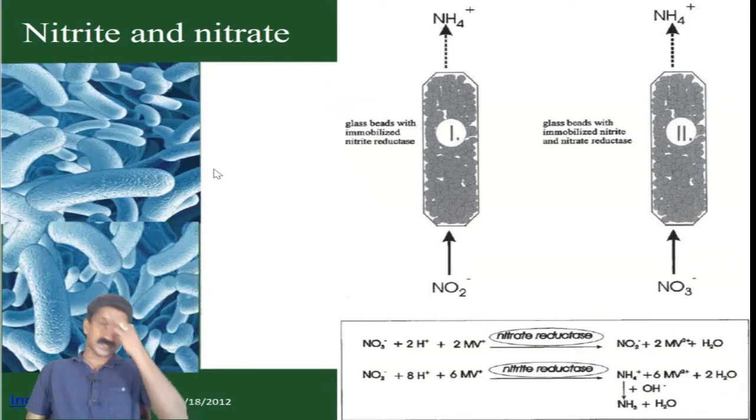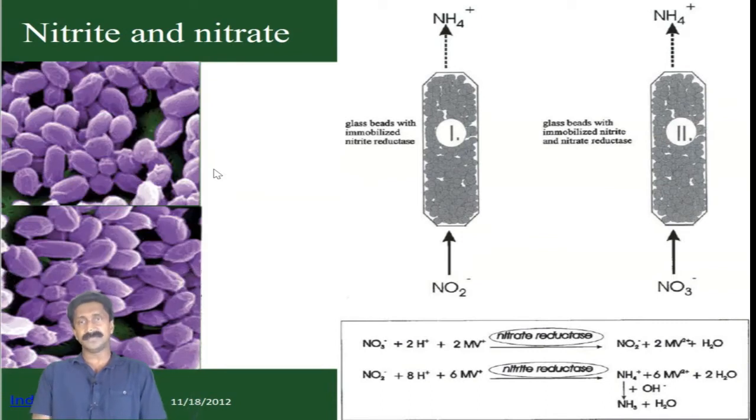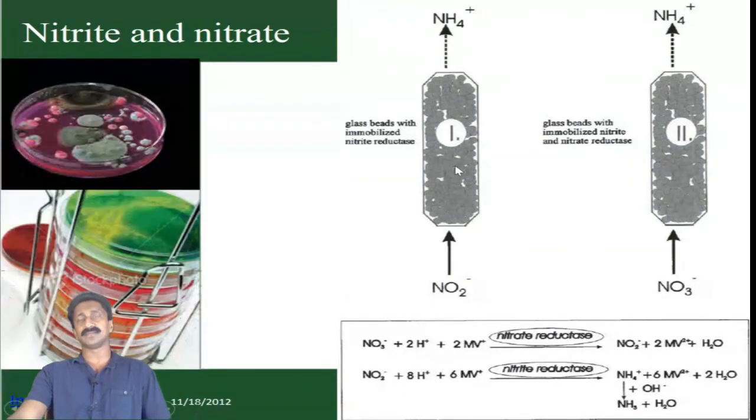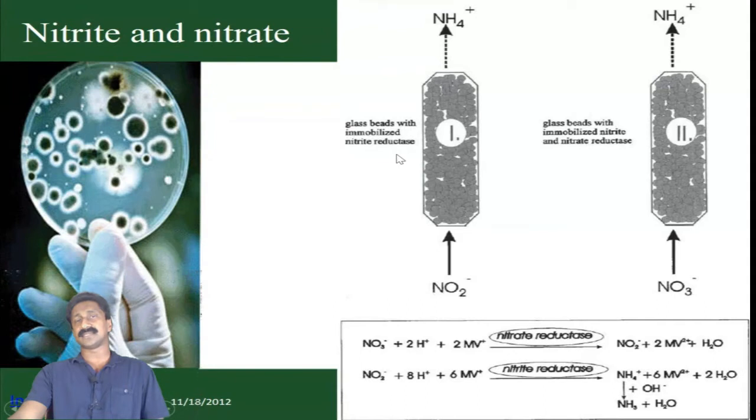So in the case of biosensors that are used for detection of nitrate and nitrite, we will start with the first one, where we have nitrite as the analyte. You will use glass beads immobilized with nitrite reductase.